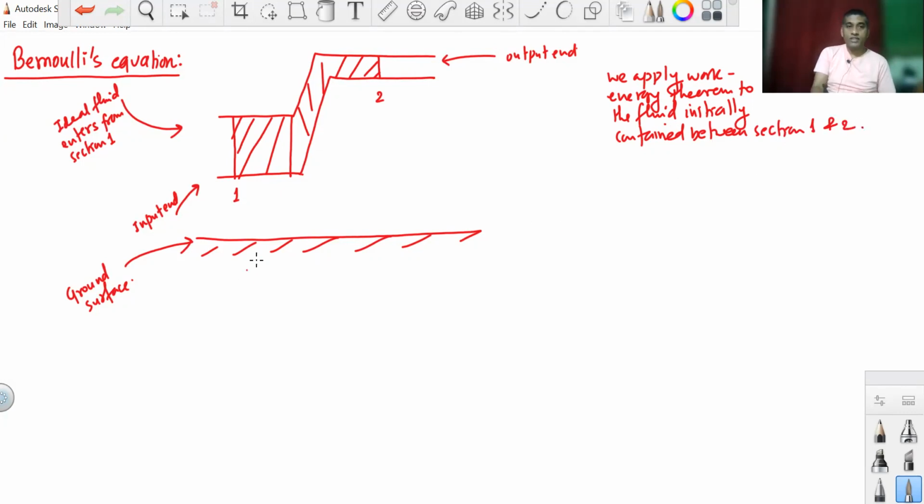So we have this, and let us call it figure 1.